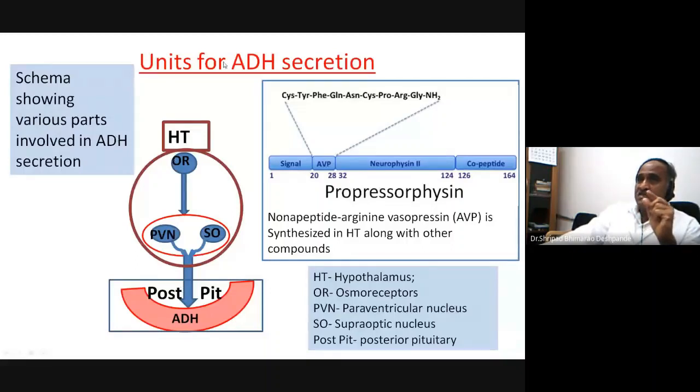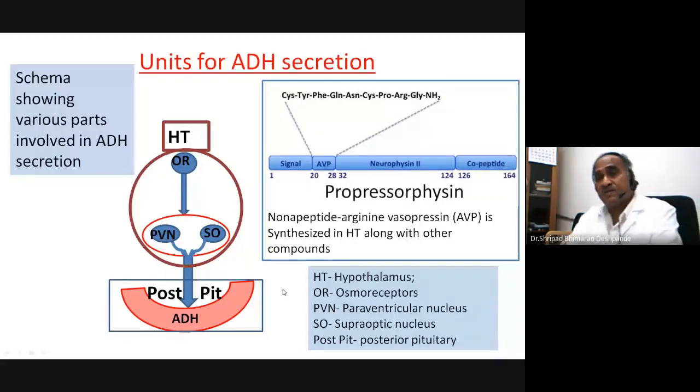So that is a brief account of the units of secretion. Now I repeat, the main components are the hypothalamus, the osmoreceptors, the paraventricular nucleus, the supraoptic nucleus, and the posterior pituitary, also known as the neurohypophysis, and then the ADH.